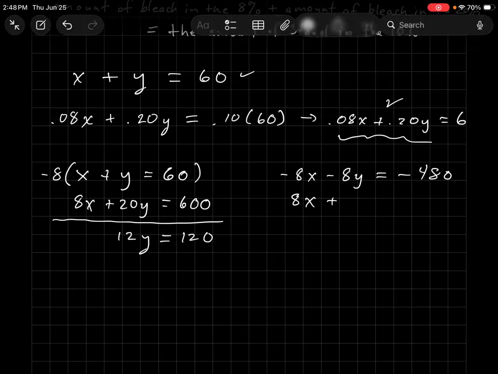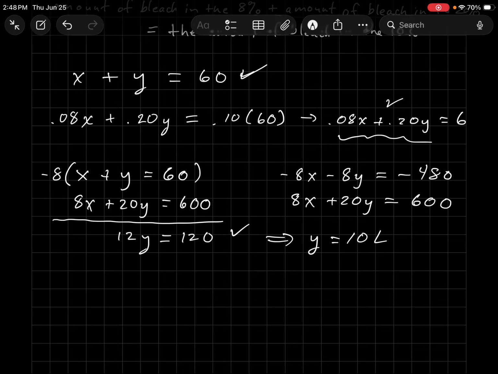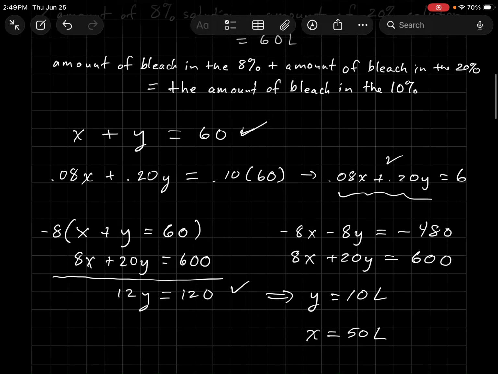And I would add it with the second one. And that gives me this equation, which says that y equals 10 liters to be specific. And since x plus y equals 60, I have x equals 50 liters. So I would use 50 liters of the 8% solution and 10 liters of the 20% solution to get 60 liters of a 10% solution.